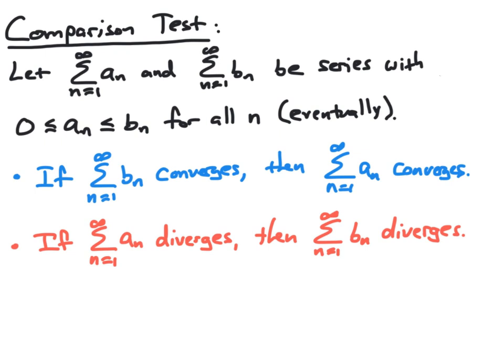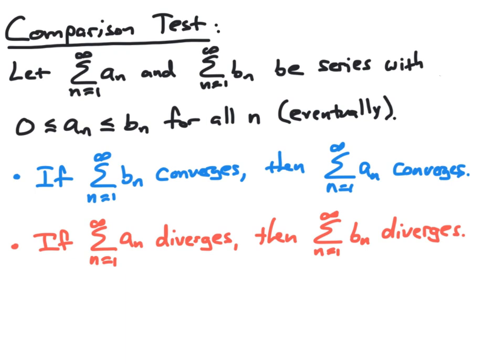And so the two parts of the comparison test mimic the two examples that we've just seen. If the sum n equal 1 to infinity of b sub n converges, and b sub n here is the series with the larger terms, then the sum n equal 1 to infinity of a sub n converges.